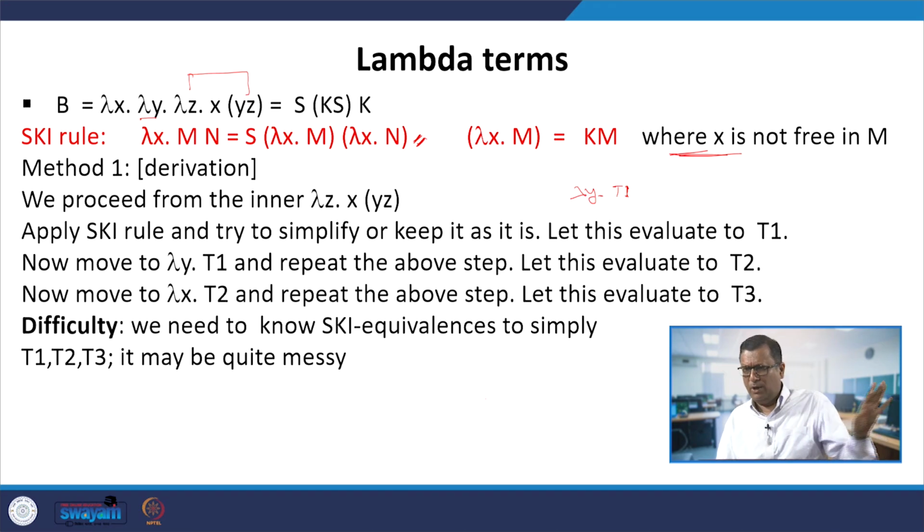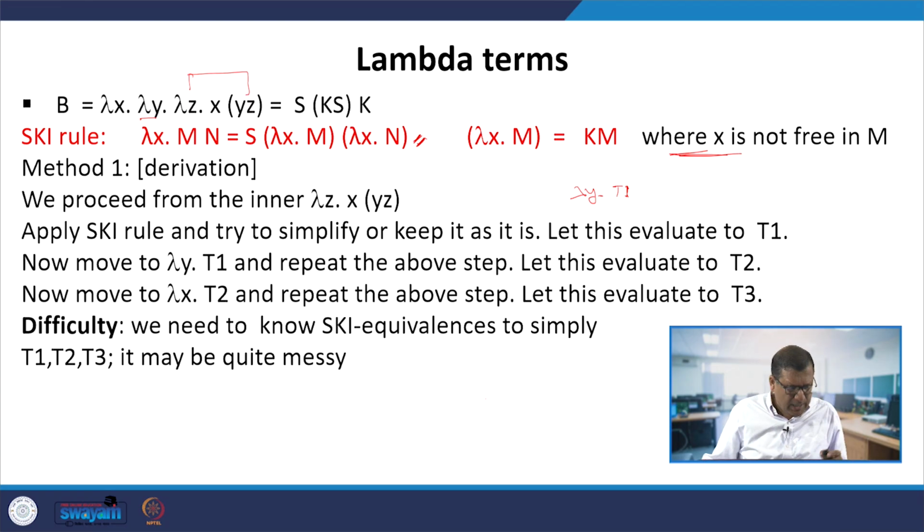We applied the algebraic rules one after the other and obtained R prime. The same thing holds here: the SKI equivalences are algebraic rules, some of which we are going to study. When applied, we get our desired term, SK. So first we study some equivalences, then you can apply method 1 and directly obtain this term.